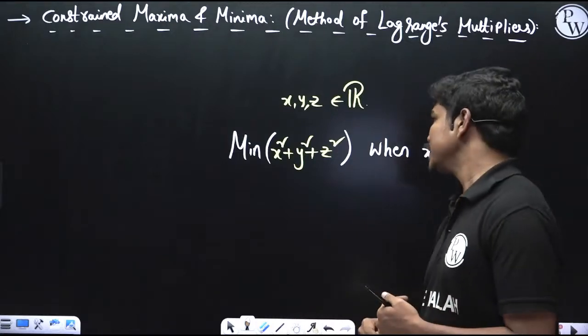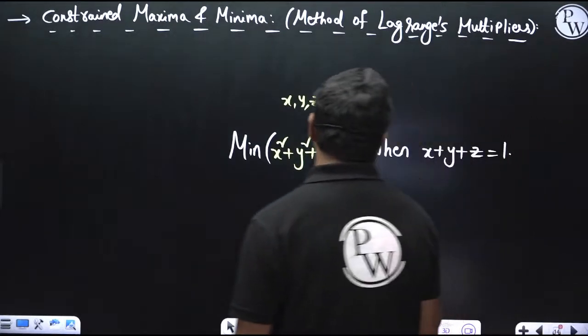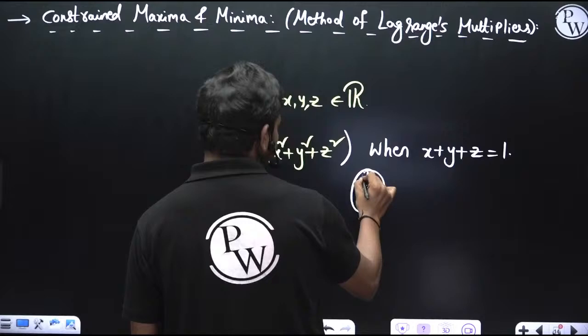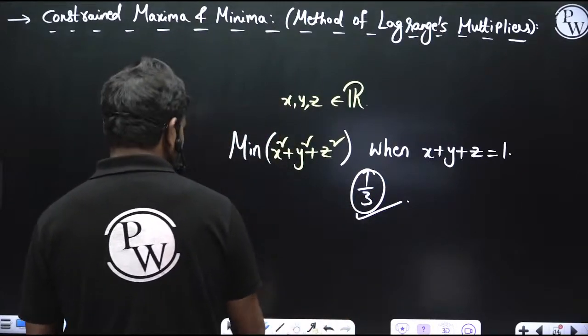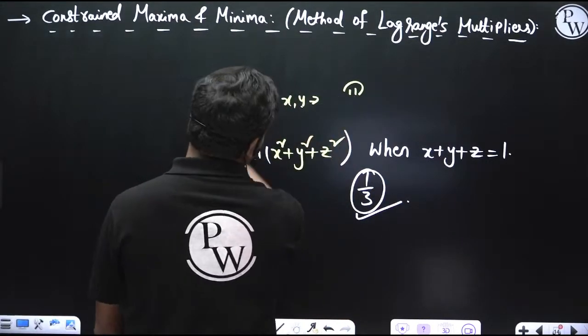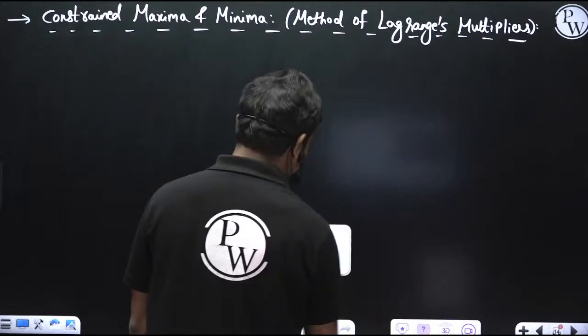Okay, so let's see. The correct answer for this is actually 1 by 3. You will see why this is 1 by 3. Let's start the common theory for this.